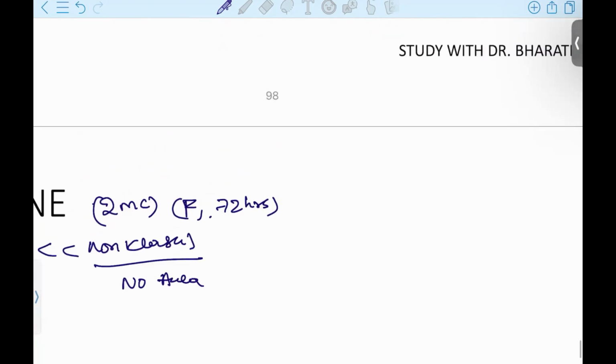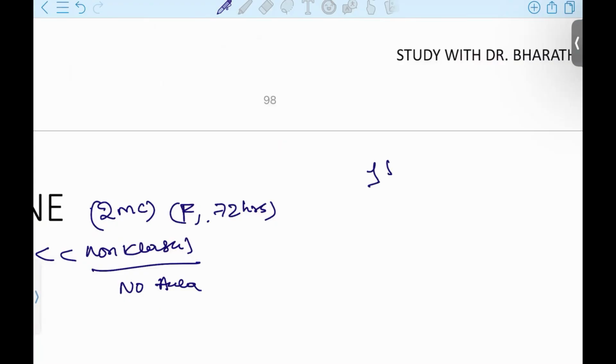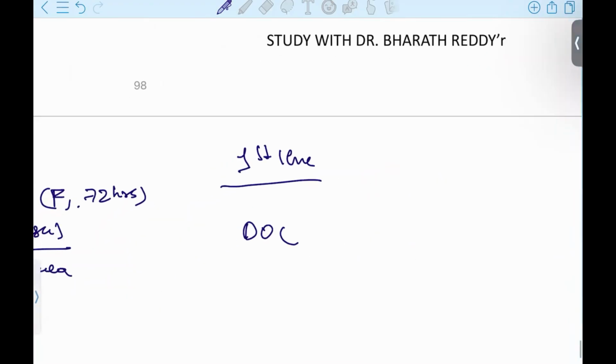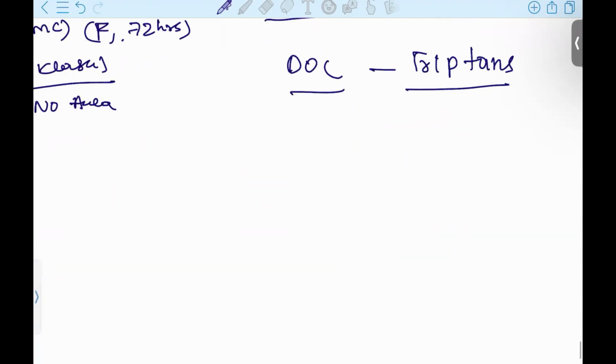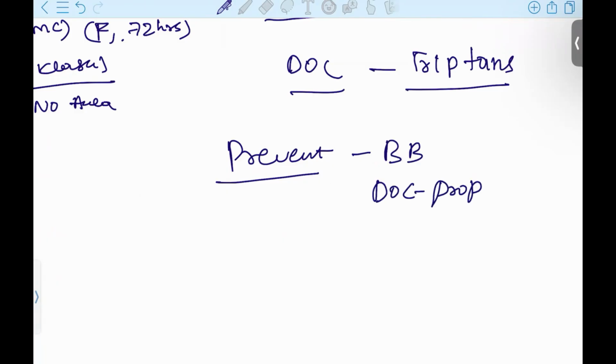Okay. What is the treatment, guys? So first line and drug of the choice. First line, NSAIDs are given. The drug of the choice is the triptans. Okay. Sumatriptan is one of the drugs. And prevention. Prevent by giving beta blockers. Drug of the choice is propranolol.